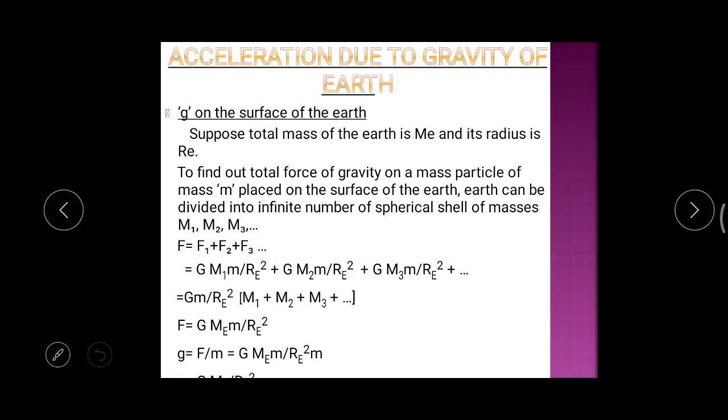And now here we will derive the expression for the gravitational acceleration constant small g.